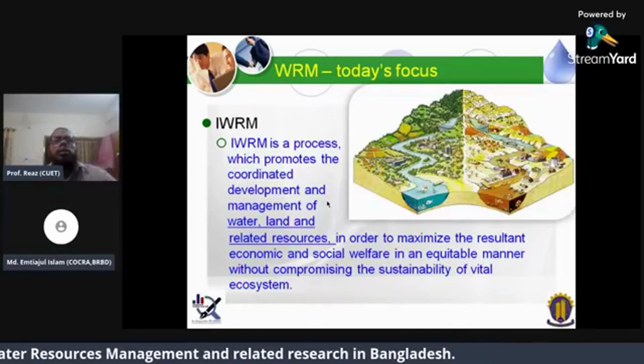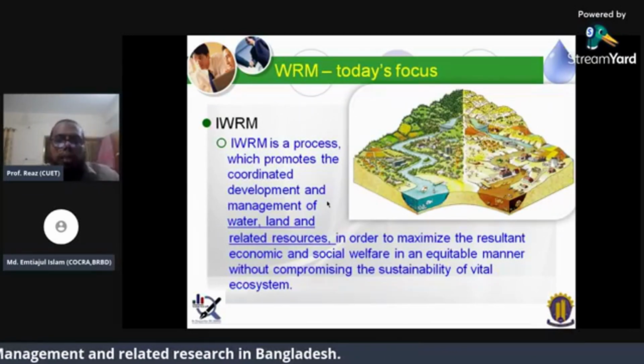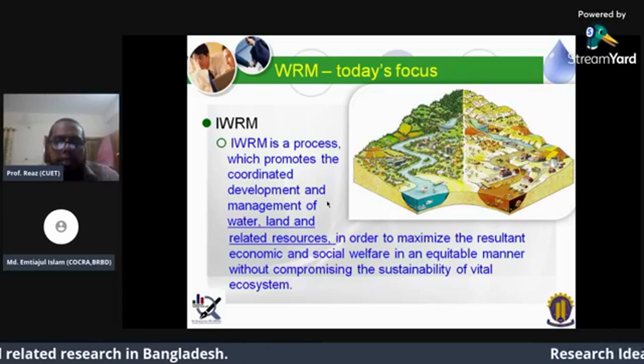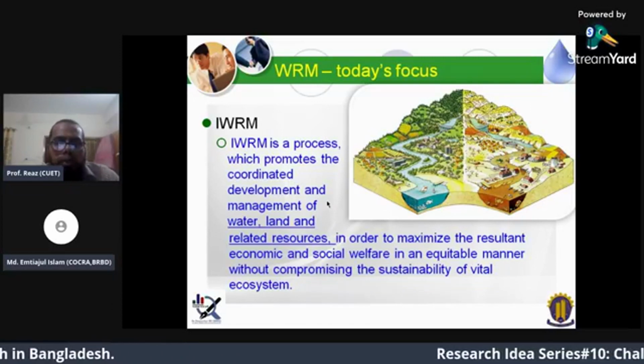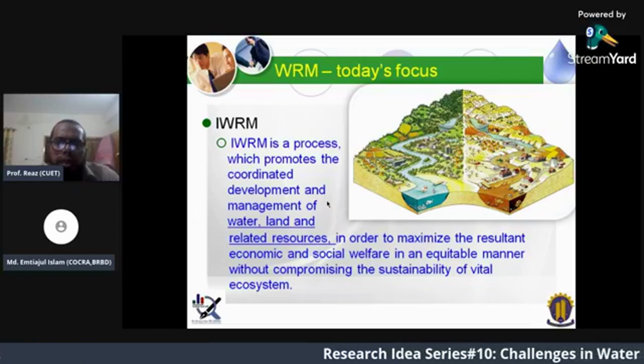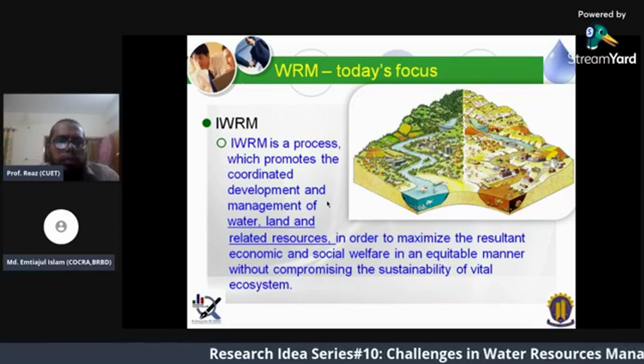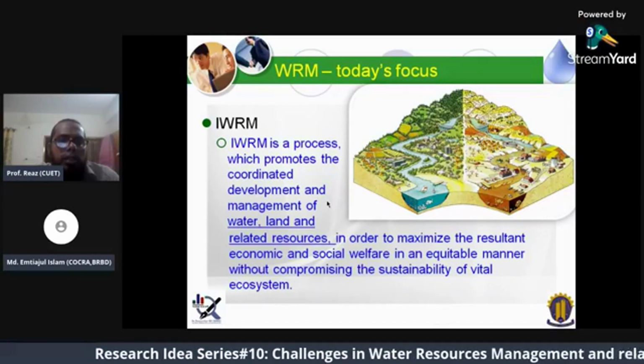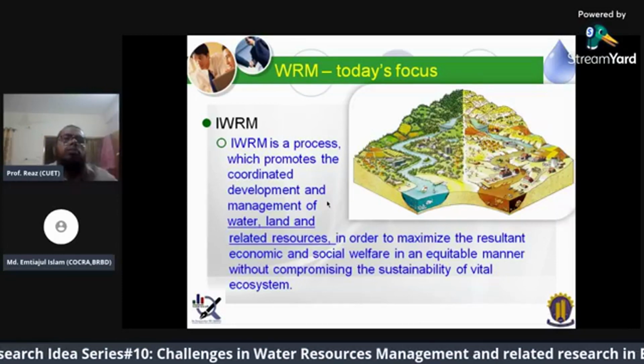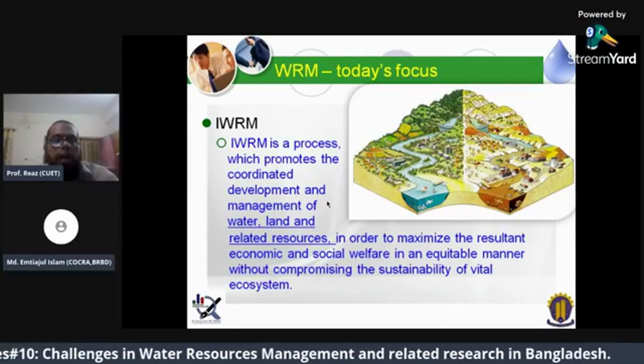The focus of water resources management today has shifted from the fragmented approach to a holistic approach, and this approach is known as integrated water resources management, so water resources management became IWRM.